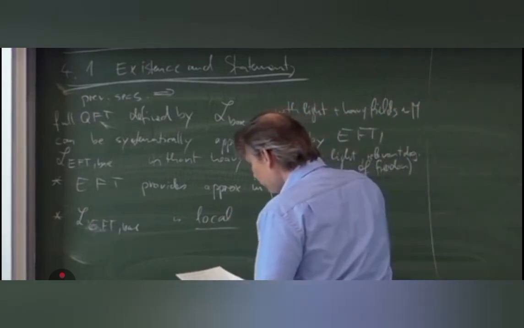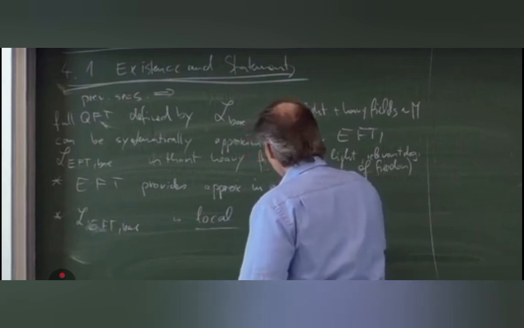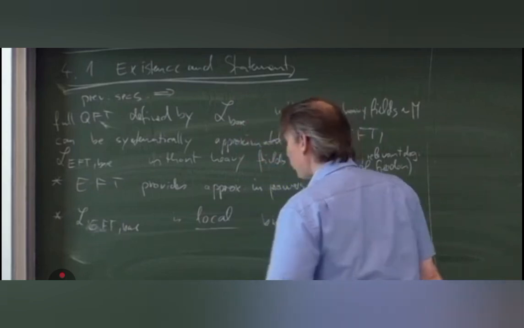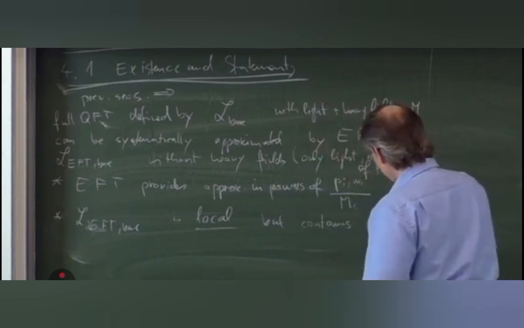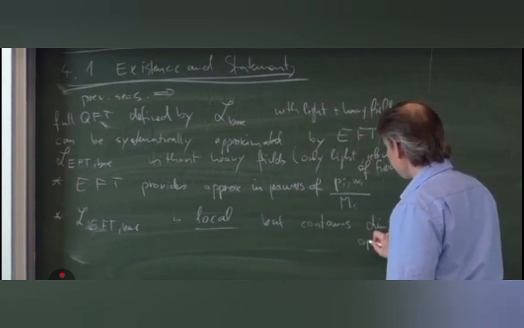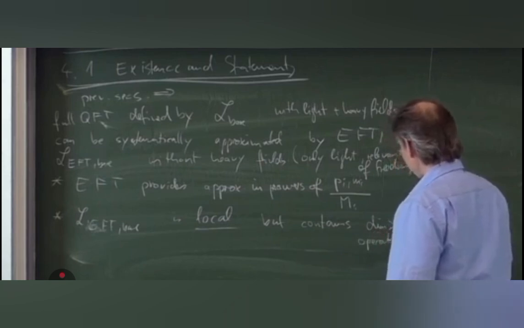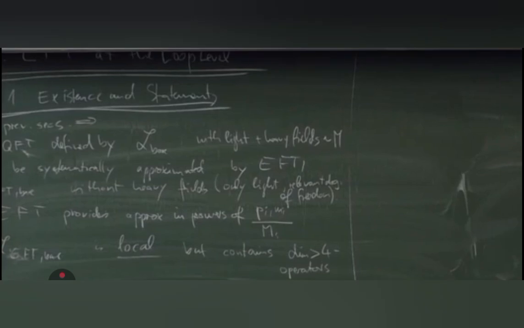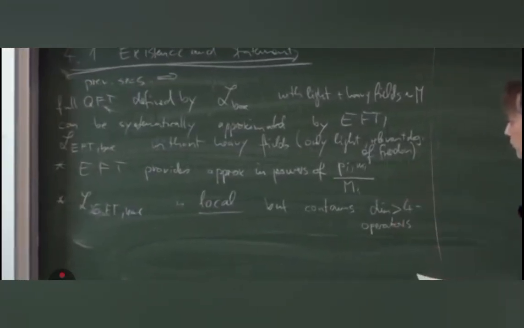Therefore the Lagrangian is local, but it contains higher dimensional operators, so in general operators with dimension bigger than 4. Again, because our method of regions does not lead to any restriction on the dimensionality of the vertices which appear.